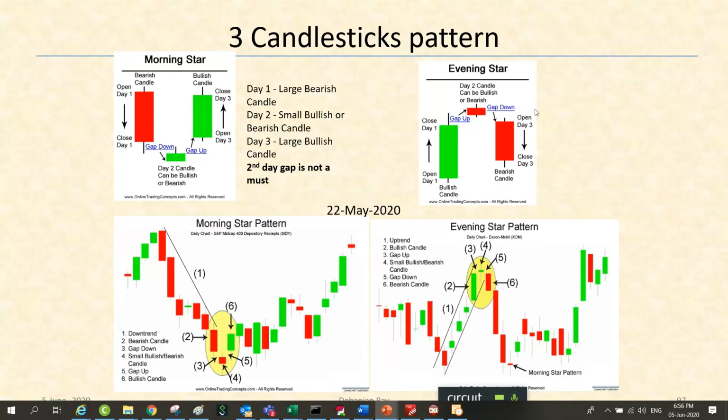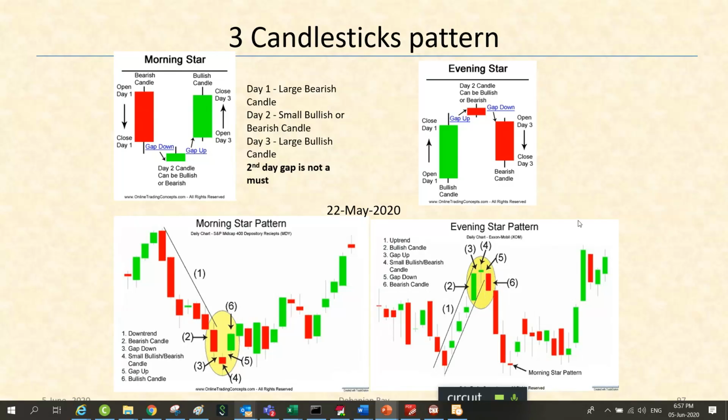Whereas in this case, the left one is called the morning star, the right one is called the evening star, but the pattern is almost the same. That means there is a sudden gap up, and then a gap down. Here also it is the same, a gap up, a gap down, and there is going to be a reversal of the pattern.